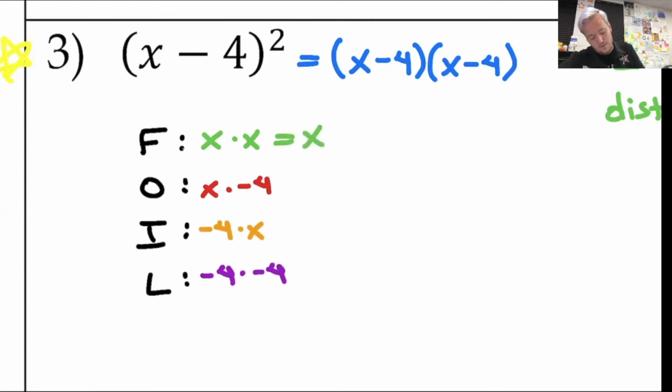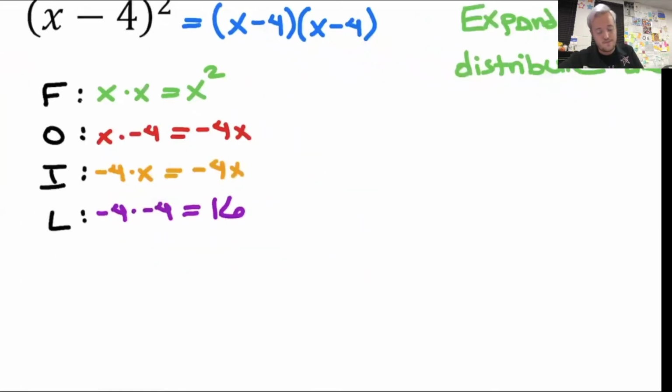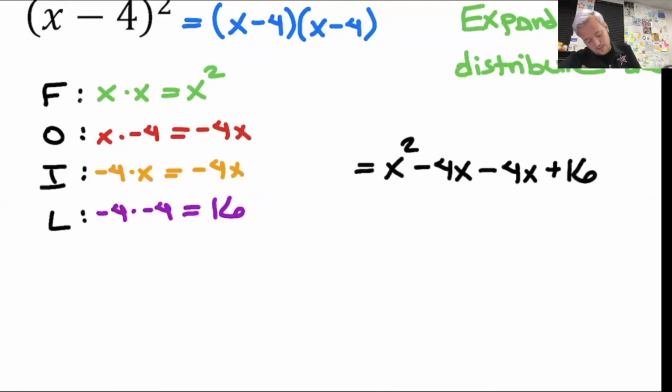So when you simplify and multiply, x squared, -4x, -4x, and 16. So you want to add all those terms together: x squared minus 4x minus 4x plus 16. So combine your like terms. You're going to have x squared minus 8x plus 16.